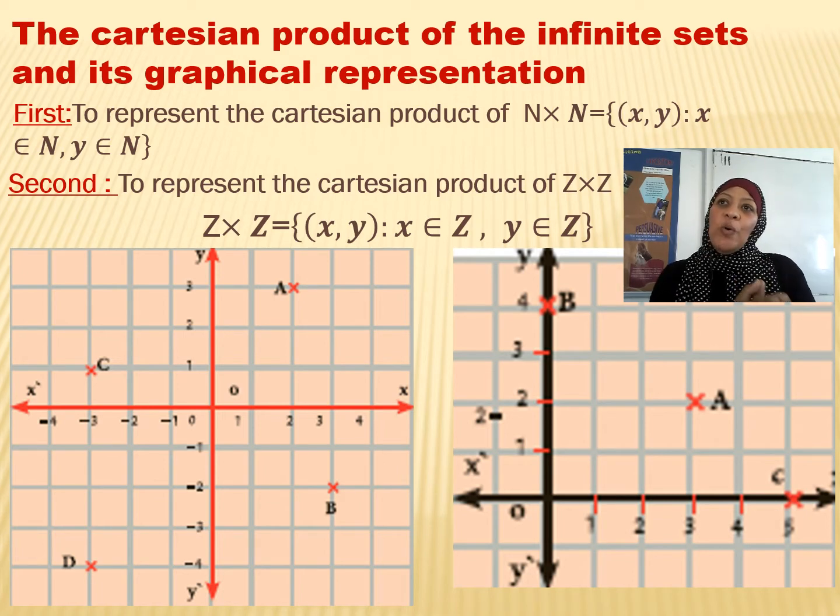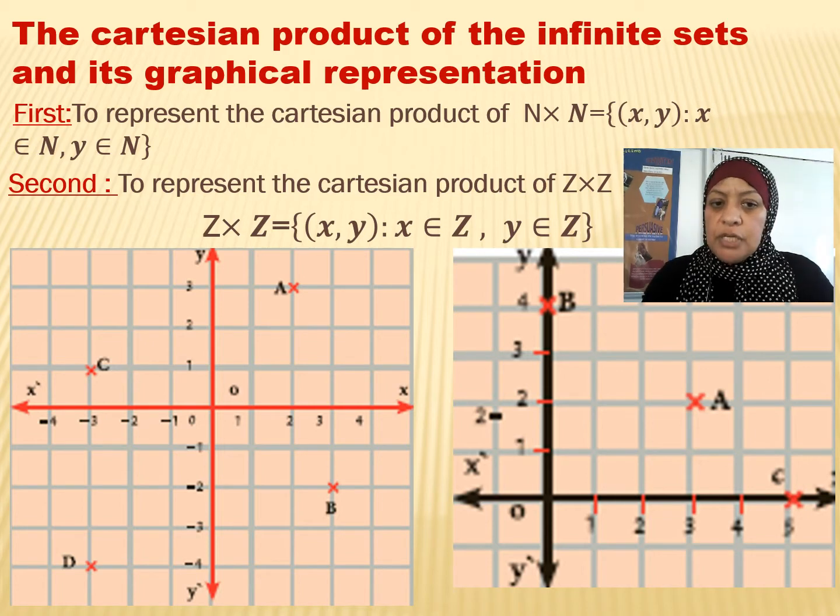No, I'm not going to deal with just the whole numbers. I will deal with the whole numbers, fractions, decimals, square roots, and so on. So this year, we will deal with R product R. So I'm going to have any type of numbers to represent on the graph.